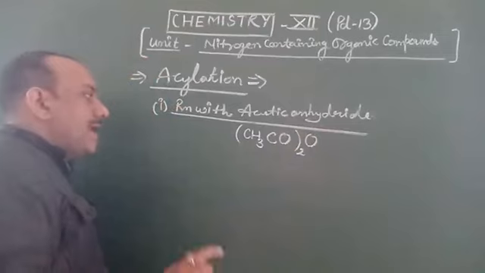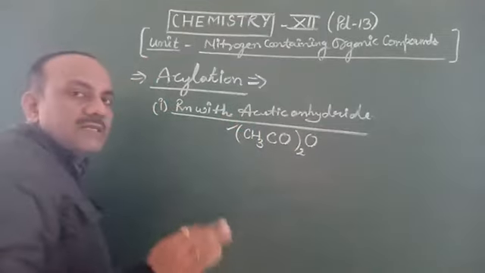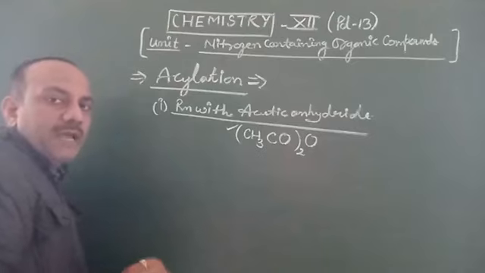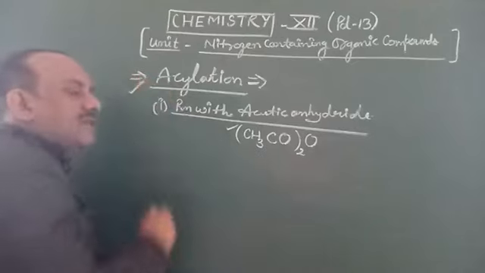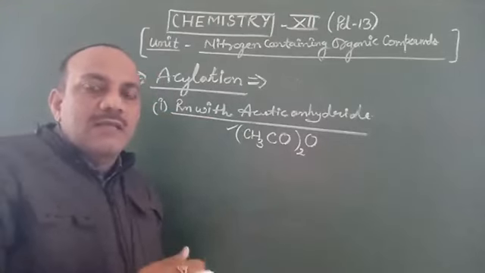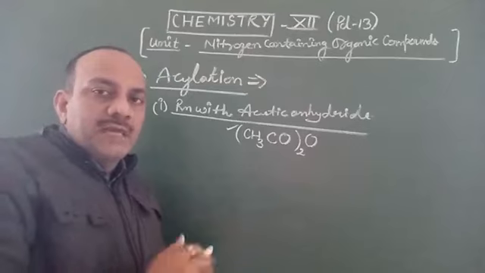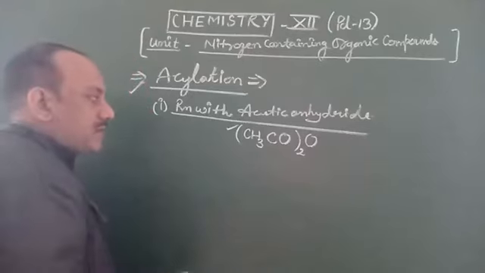When aniline reacts with acetic anhydride in the presence of pyridine, it makes acetanilide. Also we say that in the case of acylation, aniline reacts with acetic anhydride or acetyl chloride in the presence of pyridine, and it gives anilide products.